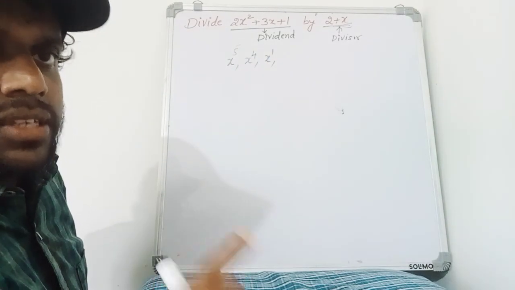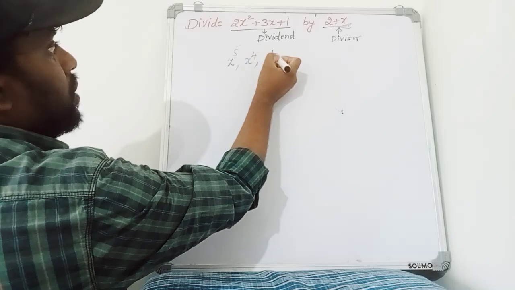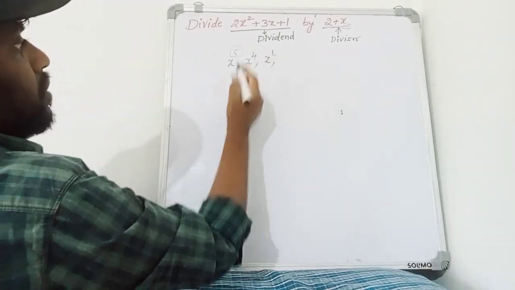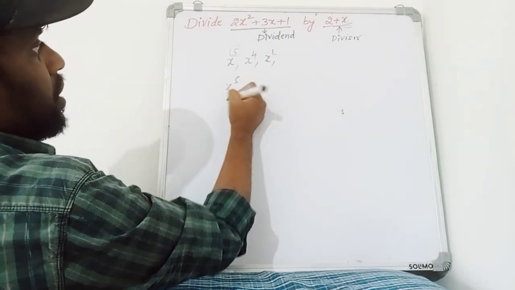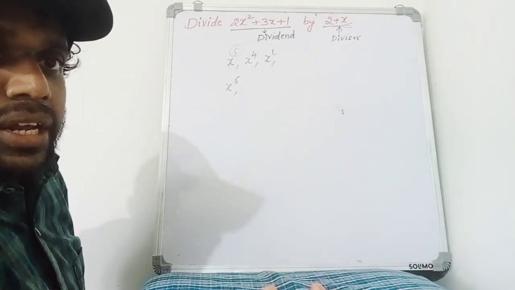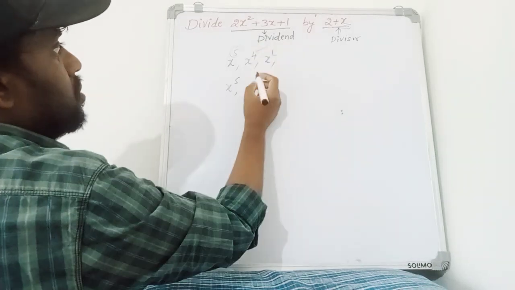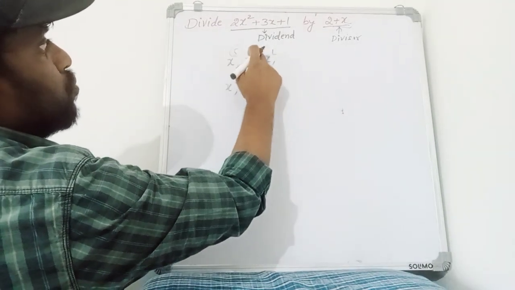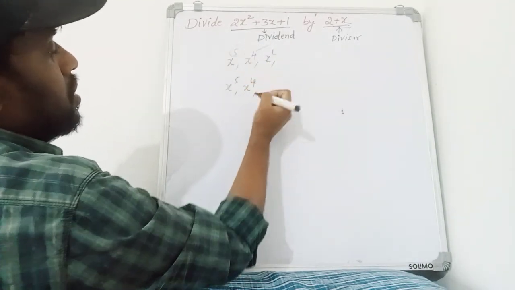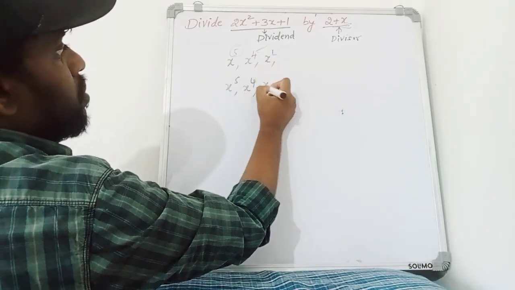Decreasing order means first the highest power. Here 5, 4, 1 are there, of which the highest is 5. So first will be x to the 5. Next, the immediate number less than 5 is 4. After this, the number less than 4 is 1, so x to the power of 1.